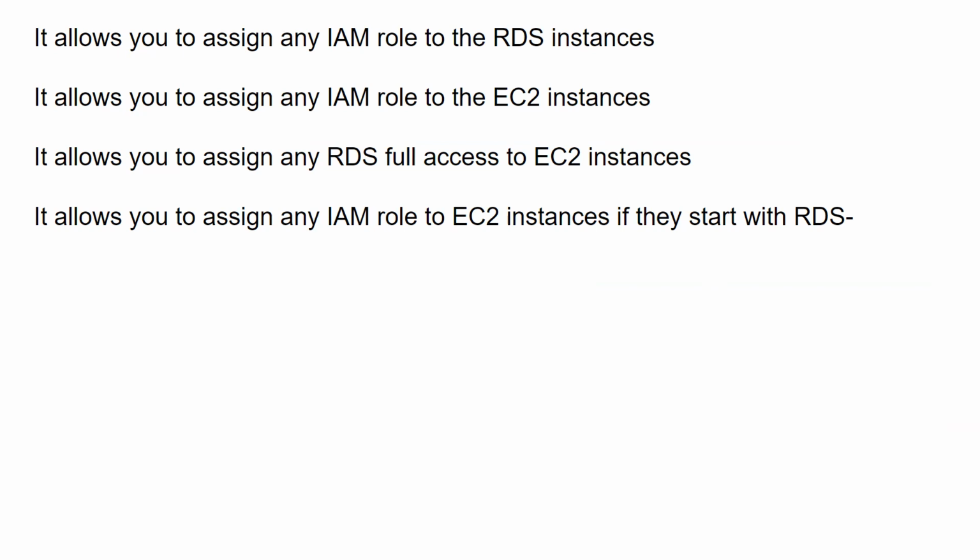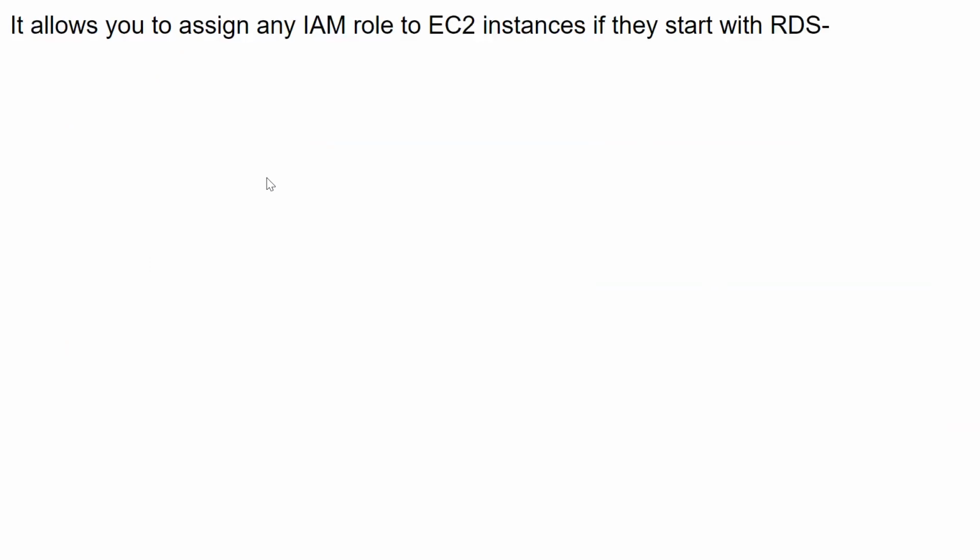It allows you to assign any IAM role to the EC2 instances. It allows you to assign any RDS full access to EC2 instances. It allows you to assign any IAM role to EC2 instances if they start with RDS hyphen. It allows you to assign any IAM role to EC2 instances if they start with RDS.